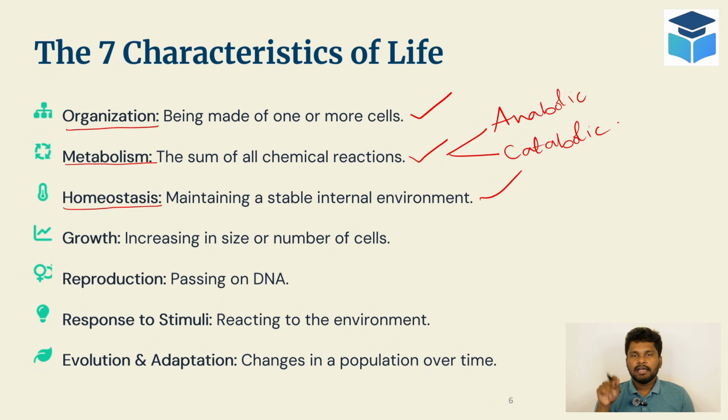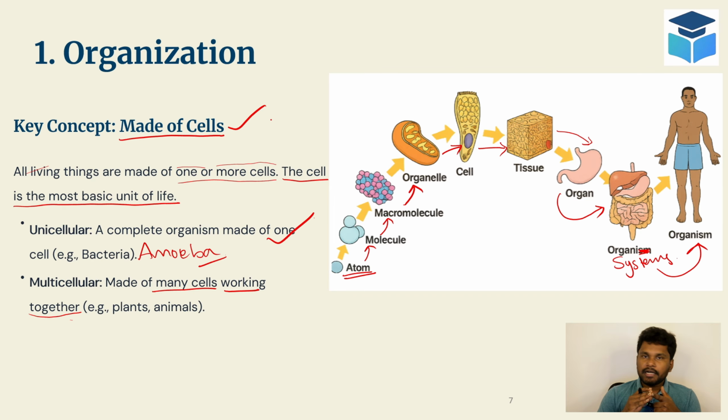You have different types of systems in you: reproductive system, respiratory system, circulatory system, digestive system, excretory system, all these things together making you alive. So that is what we have mentioned here, working together to keep the organism alive. This is all about organization and this is the sequence of organization. Remember this, pause the video wherever you want, note the important points down and follow it up.